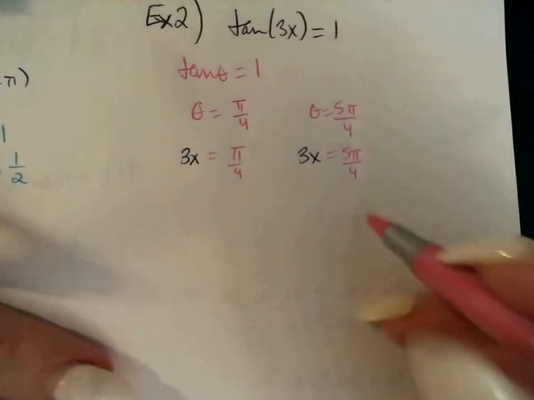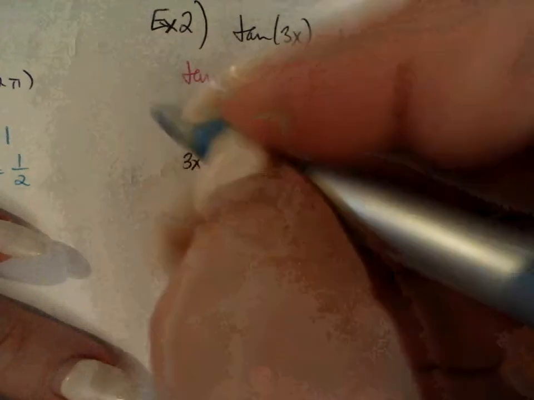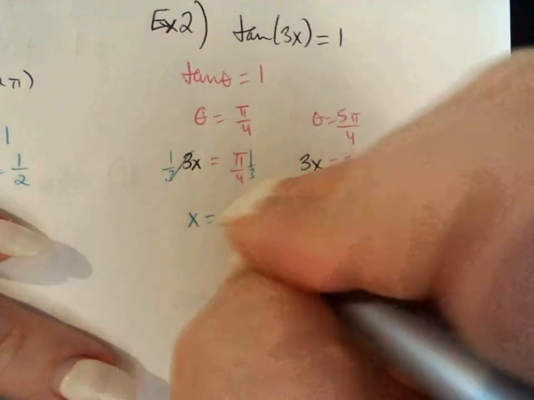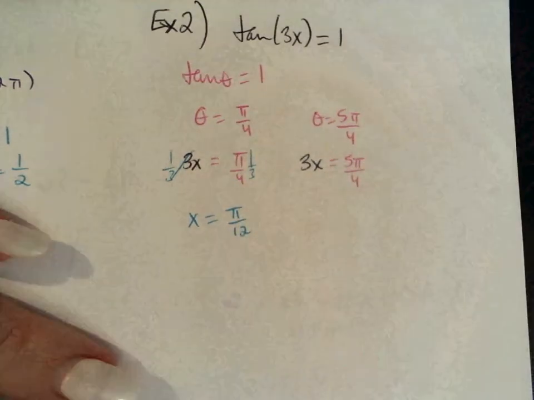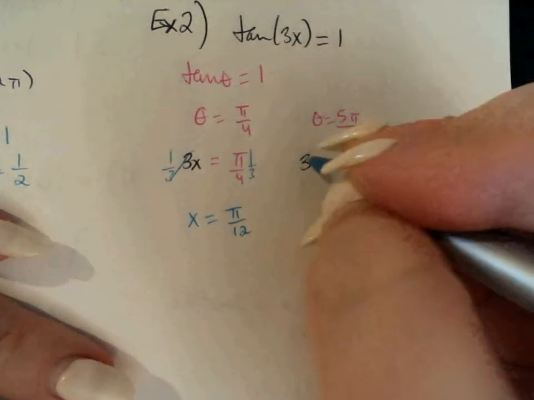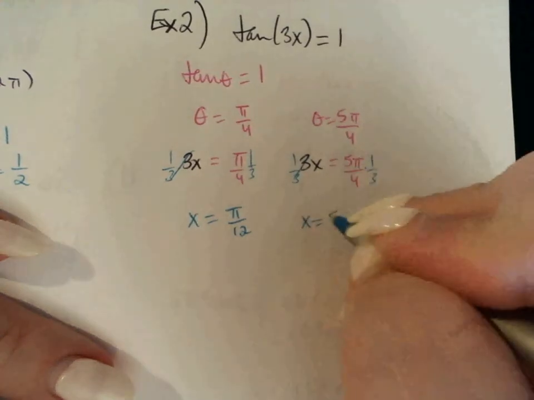So as far as answers go, I'm going to multiply both sides by 1/3. And I get the angle pi over 12. So this is a little bit different because that means I wouldn't be able to solve it using the unit circle, because it's not an angle that we have memorized on the unit circle. And then if we multiply by 1/3 here, then we get when x equals 5 pi over 12.